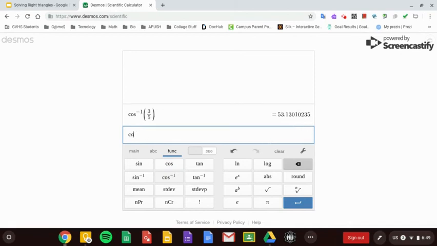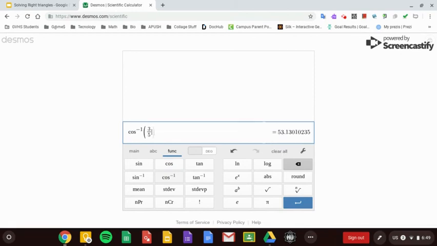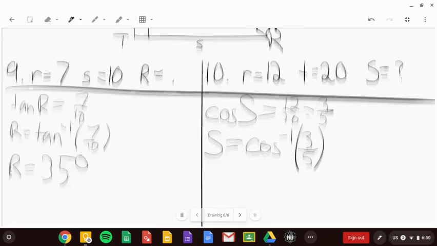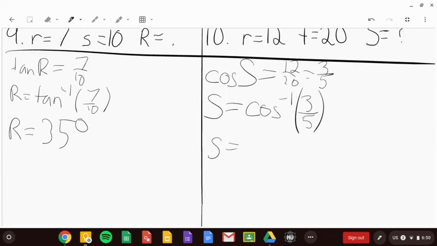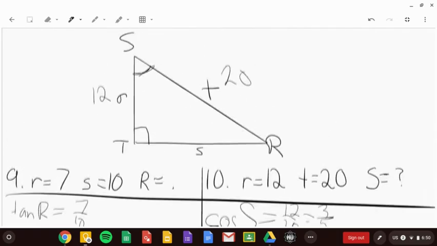Alright, so we do get this. Then we've got 53.13 as our final answer for s. s equals 53.13 degrees.